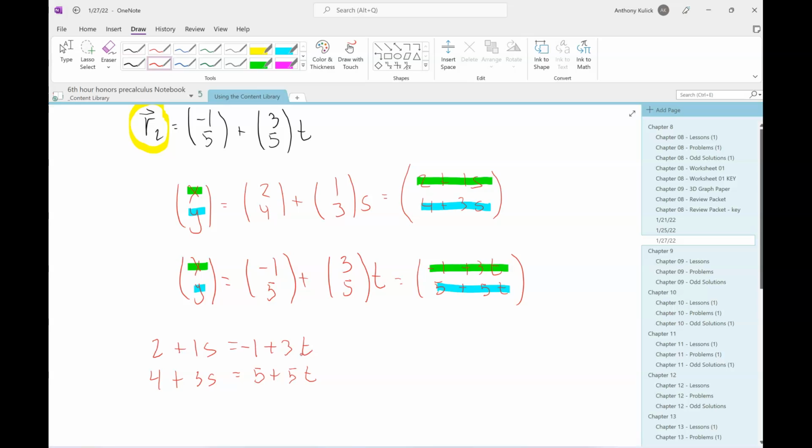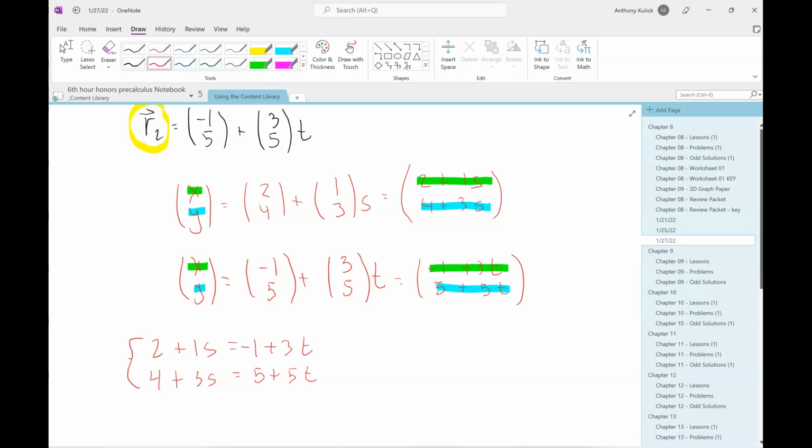And we know that to be able to get the point xy, that value for s has to satisfy both equations simultaneously, and the value for t has to satisfy both equations simultaneously. So this is really a system of two equations that we're solving now.